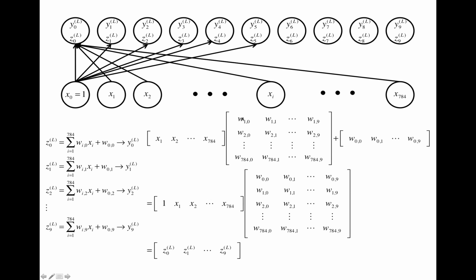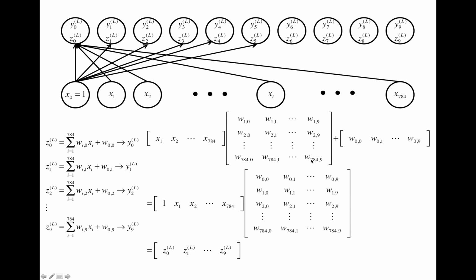The first column has second subscript 0, the second column has second subscript 1, and the last column has second subscript 9. That corresponds to Z9, the weights for all the connections that go into the last neuron. That's WI9, where I goes from 1 to 784.